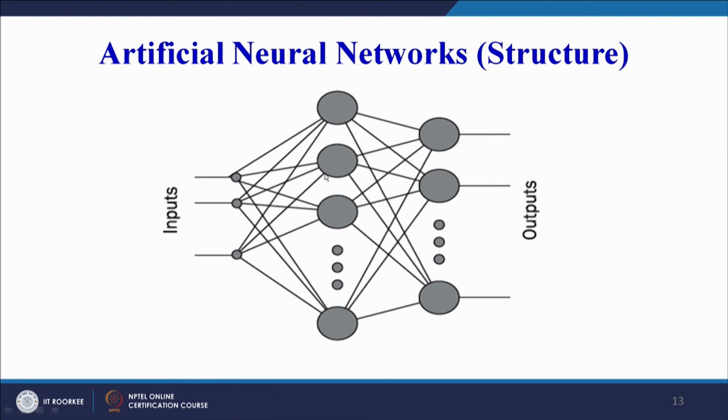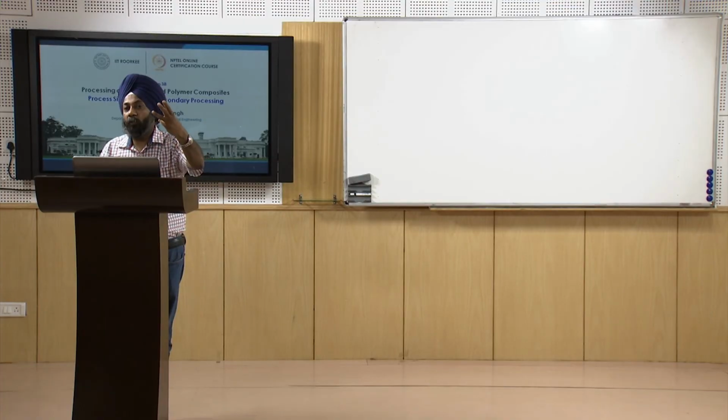Just to have a brief overview of one of these, that is the artificial neural network. This is a diagram representing an artificial neural network. We have the inputs. Specifically in drilling, what will the inputs be? Let us take three inputs: the cutting speed, the feed rate, and the drill point geometry.